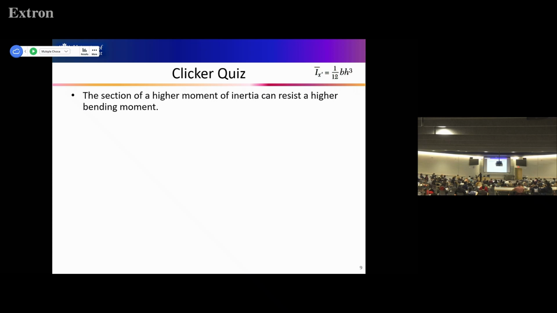Before talking about composite shapes, I brought this quiz. A section with a higher moment of inertia can resist a higher bending moment. That is the motivation for learning moment of inertia today. Higher moment of inertia means higher bending moment capacity of the cross section.